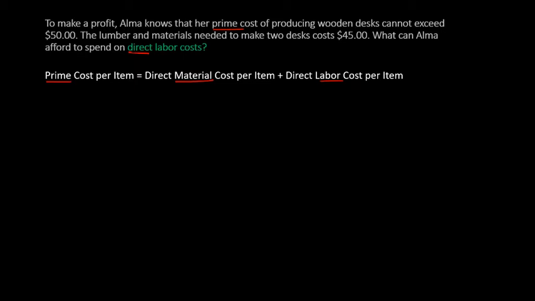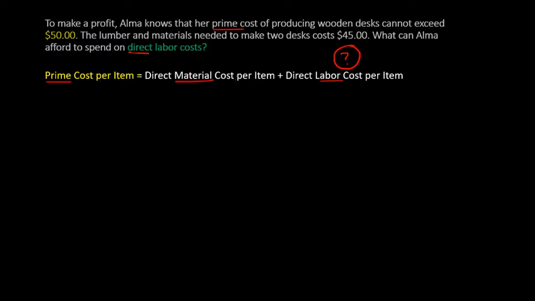This time they told us prime cost. They said that she cannot exceed $50. So our prime cost per item is going to be $50 at most. Now, the thing we're trying to figure out, again, is her direct labor cost. This is what we're trying to solve for.